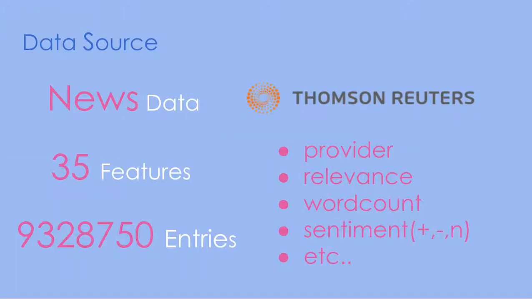Let's first take a look at the data. We got news data from Thomson Reuters, who provided a CSV file with 35 features, including providers of the news, relevance with the stock, word count, positive, negative, or neutral sentiment, etc. The data is from 2007 to present and contains around 9.3 million entries.